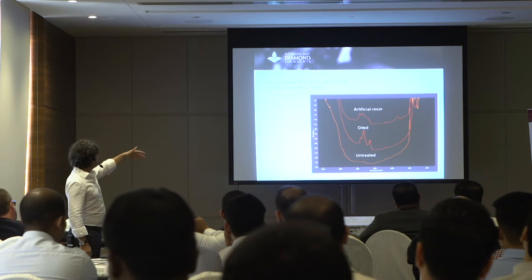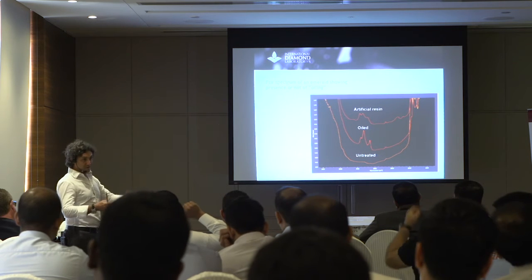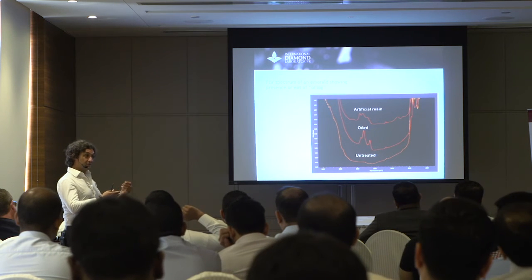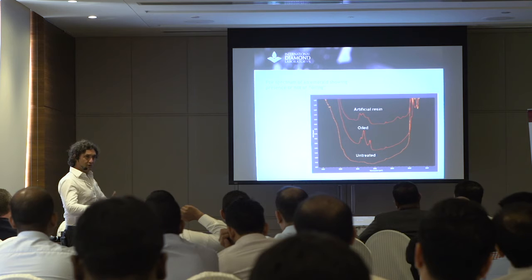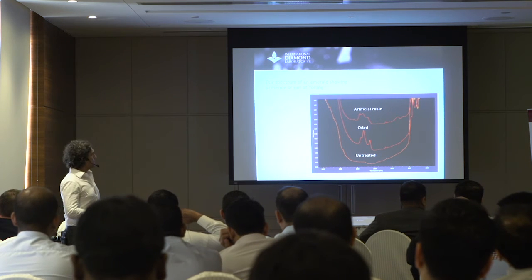In this case, we have an emerald. We have tested the stone. It's an emerald and it's a natural emerald. Is it enhanced with oil or with resin or whatever it is?